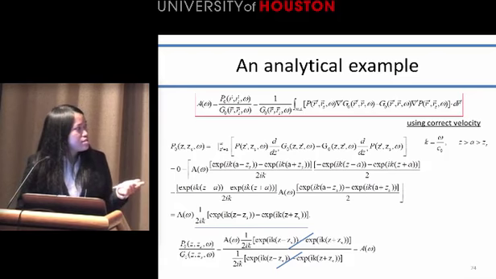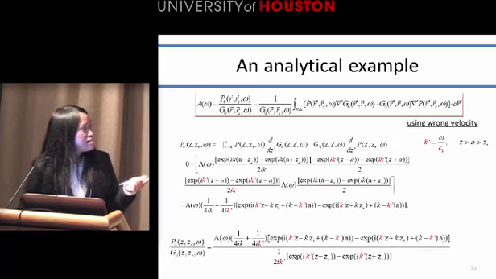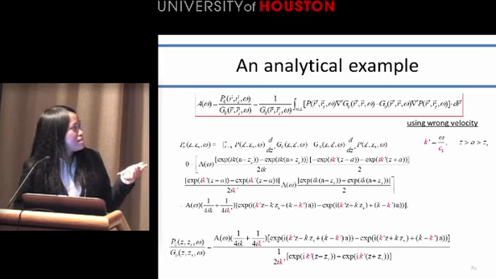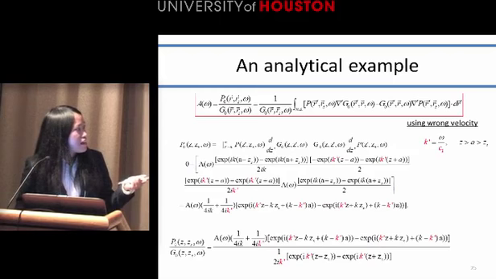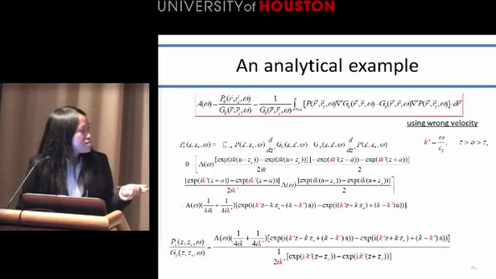However, if you don't have the correct reference velocity c0, you have a wrong value c1, then this will affect all the k in the Green's function. But it won't change the wave field G because this is the measurement. In this case, all the k in the Green's function will change to k prime, and then you divide it by the Green's function, and the result becomes like this.